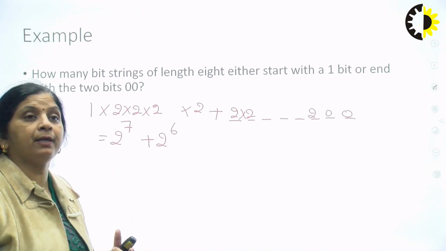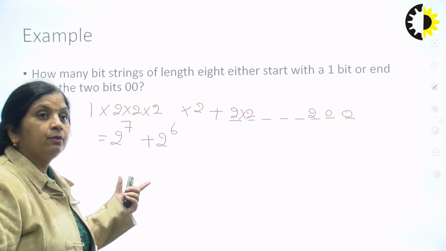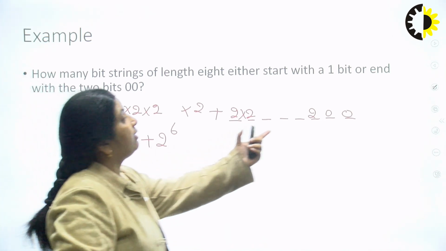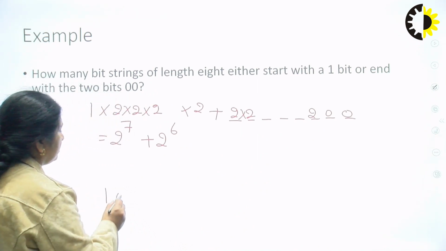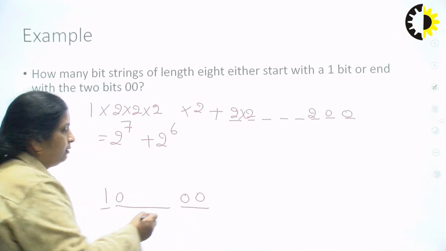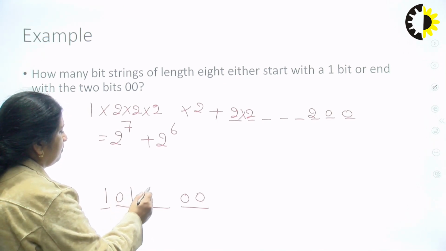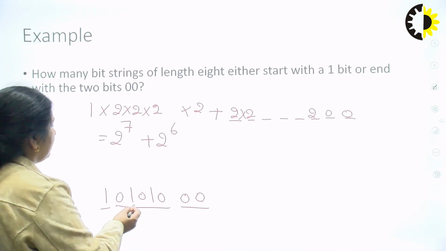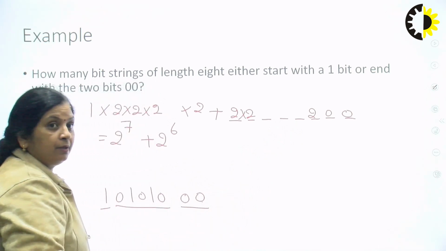But what is the problem here? It has also included those strings which start with 1 and end with zeros. For example, the first bit is 1, the last 2 bits are zeros, and these are the remaining 5 bits. We have counted this here, and we have counted this here also.